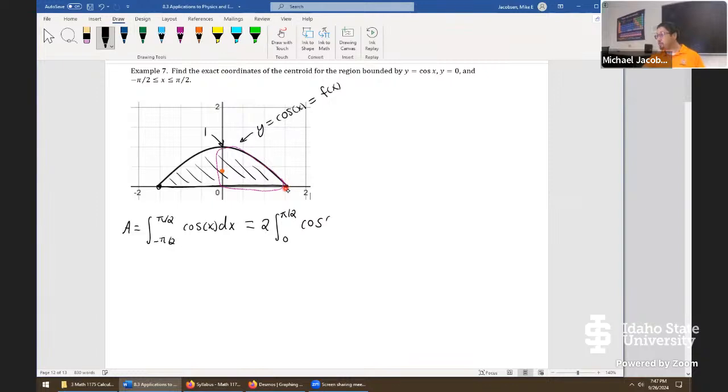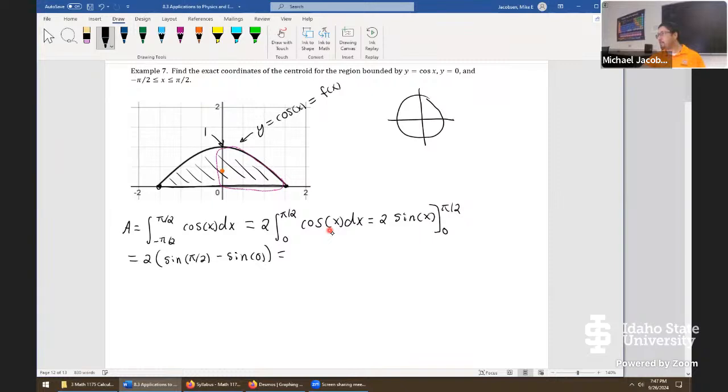So we're integrating from 0 to pi over 2 of cosine x. Let's get the antiderivative. Antiderivative of cosine is just sine. Good call. We'll evaluate sine from 0 to pi over 2. So this turns into 2 times sine pi over 2 minus sine 0. We have to evaluate the trig functions, but here's a really quick diagram.